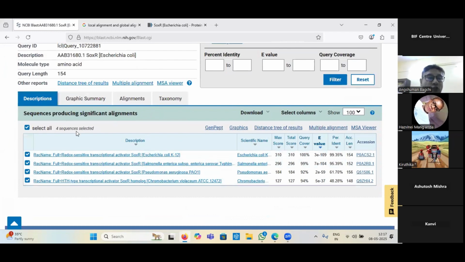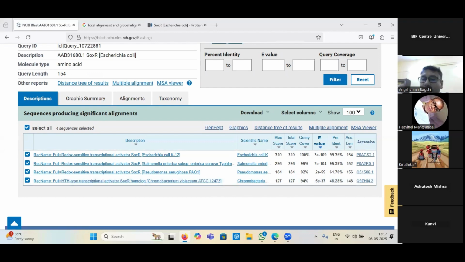And these are the four sequences that are present in UniProt. Let me explain this one. These are the results. These are called the target. And your query sequence is the one that you copied and pasted in the query box.